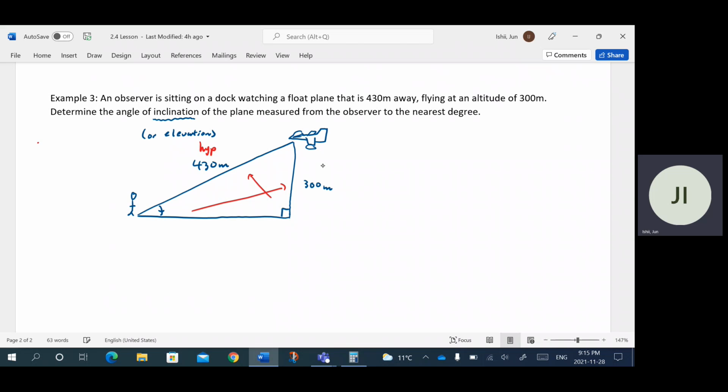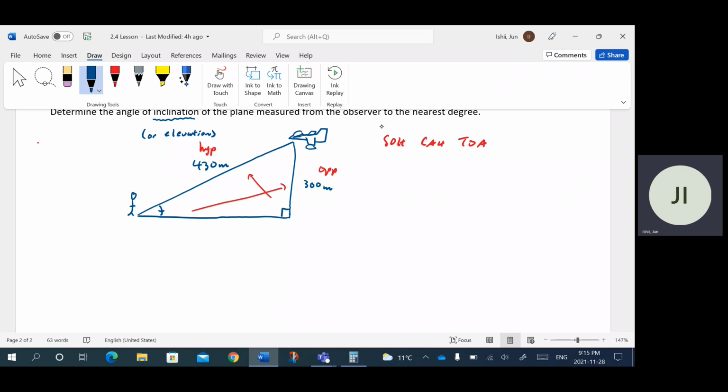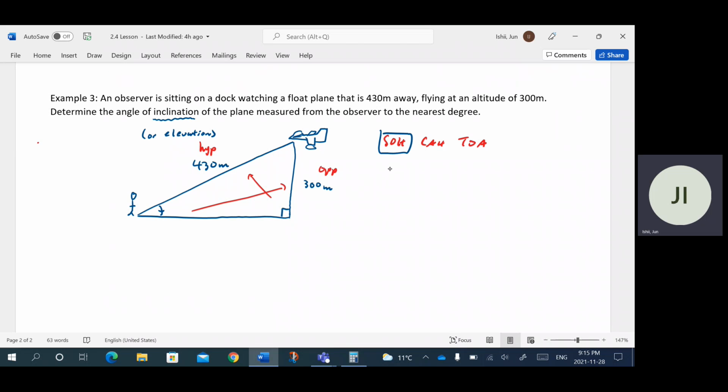So across from it is my opposite side. And actually, I'm not even going to bother labeling this as adjacent because it's blank and I'm not going to use it. From the acronym SOHCAHTOA, I want to use the ratio with opposite and hypotenuse, which is the first one here, sine.